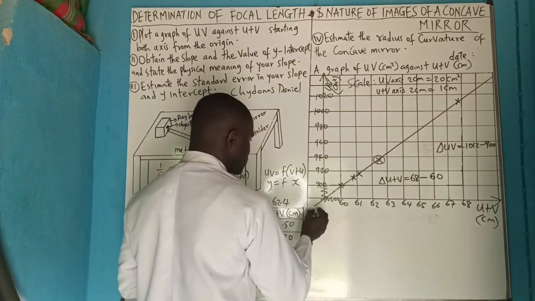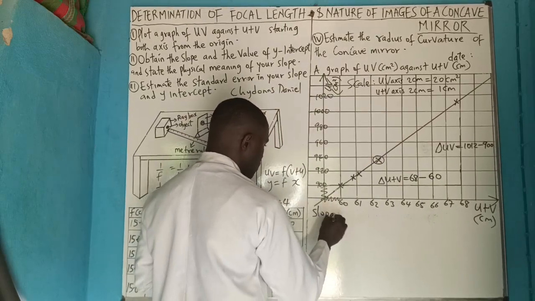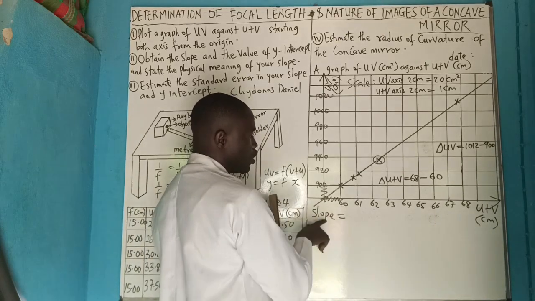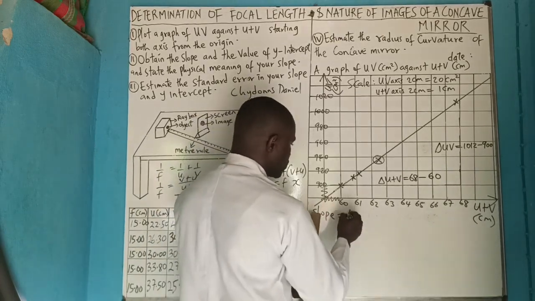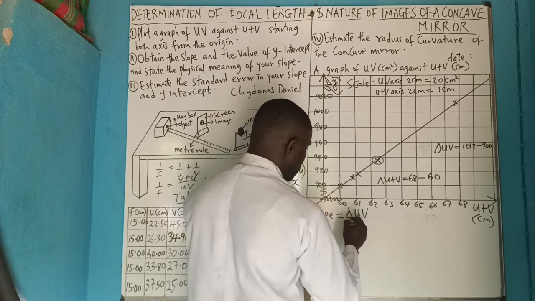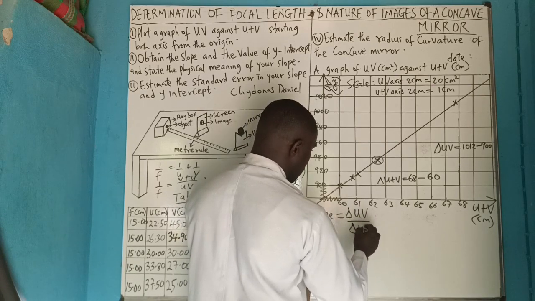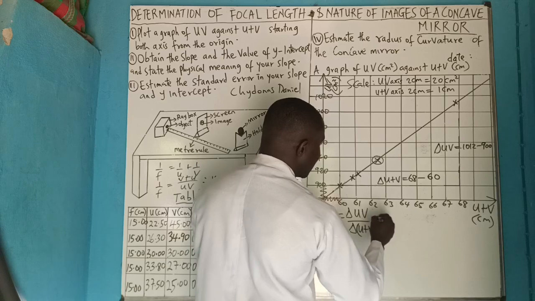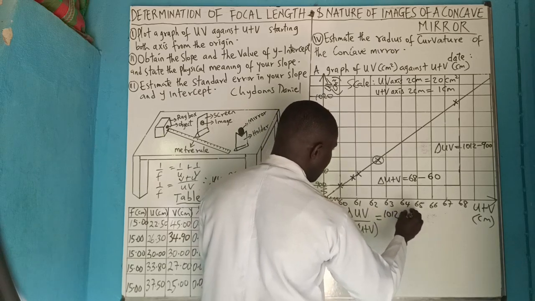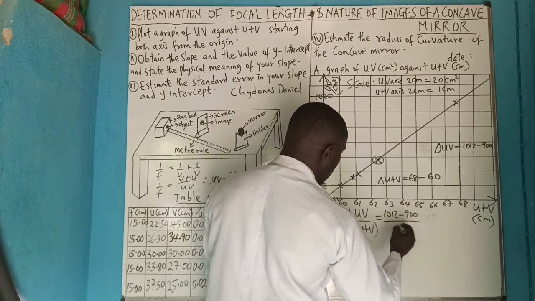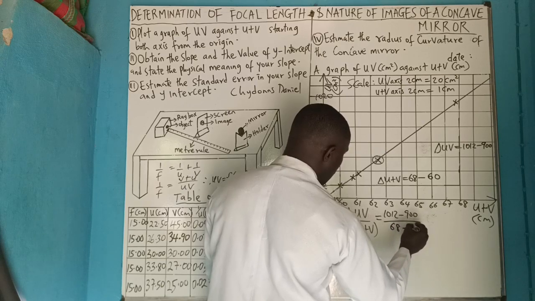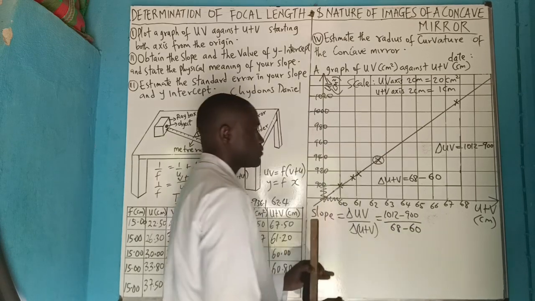We have that our slope is equals to slope of best fit equals to change in UV all over change in U plus V. That gives you 1012 minus 900 all over 68 minus 60.